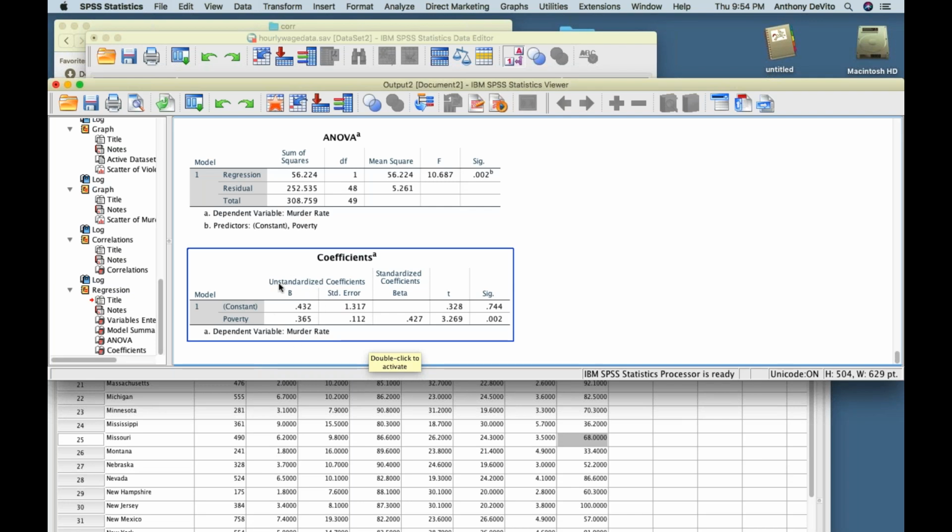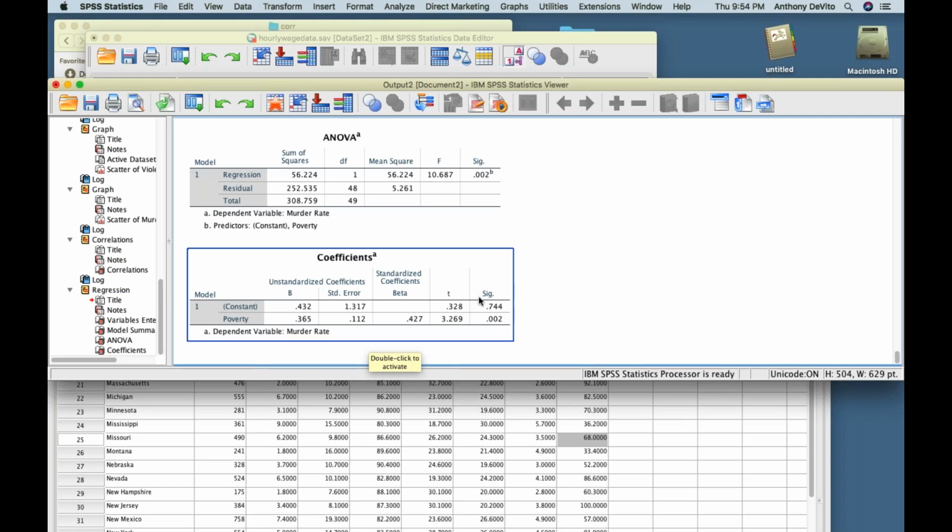Here's my coefficients here. The slope is under poverty, the rate of poverty, 0.365. And my y-intercept is 0.432. Well, let's see if that's significant. Well, in fact, my 0.365 is statistically significant.